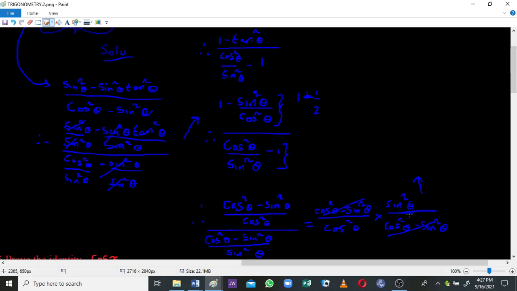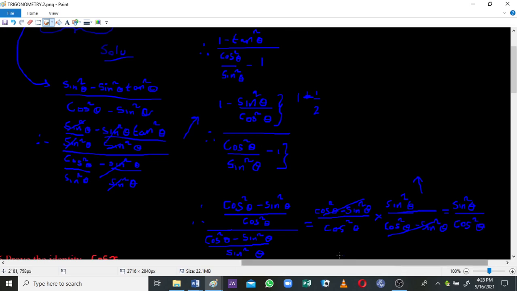On top you're going to remain with sine squared theta, right, over the bottom, which will be cos squared theta, right?